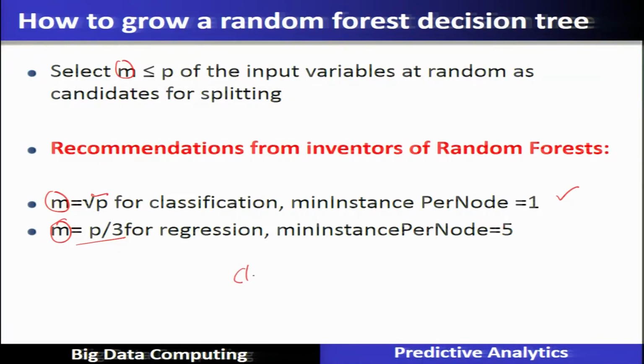So the rule of thumb says that for classification the value of m should be root of p, and for regression the value of m is equal to p by 3.